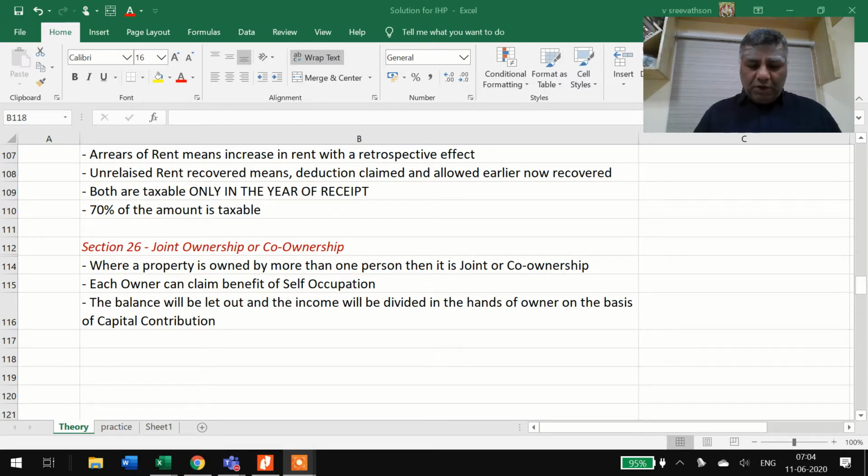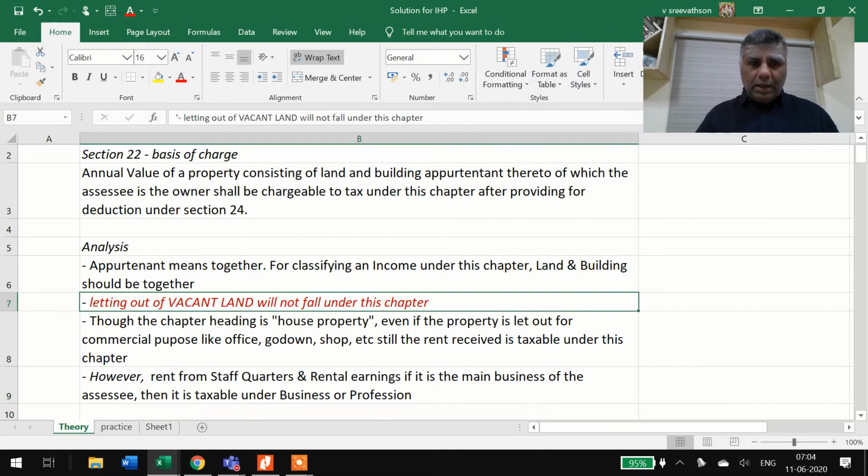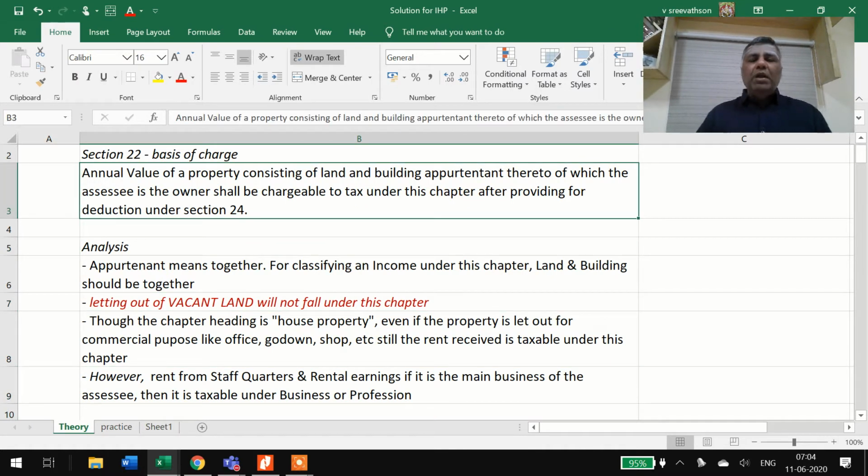So if I go to the top, it says annual value. Now we know annual value of a property consisting of land and building together, appurtenant thereto, of which the assessee is the owner. We know the concept of owner and deemed owner.